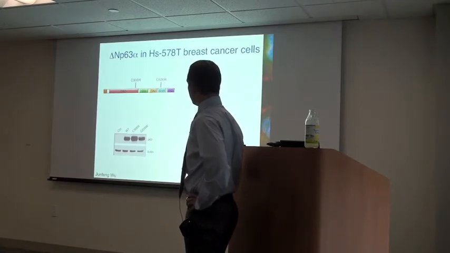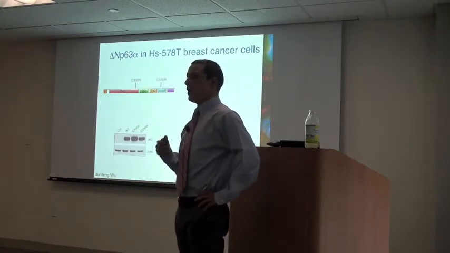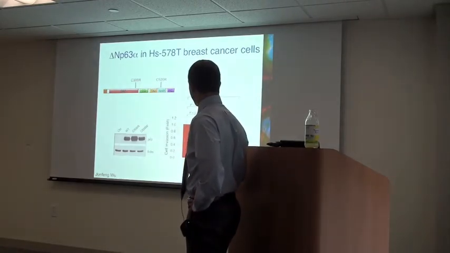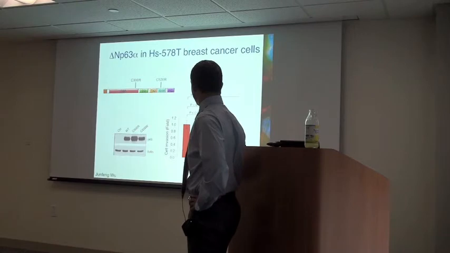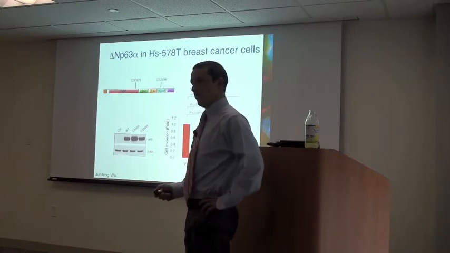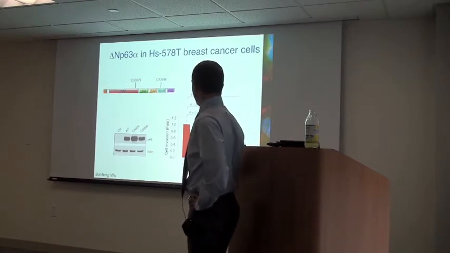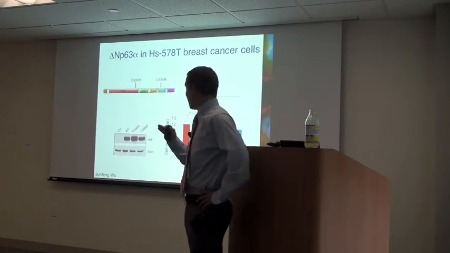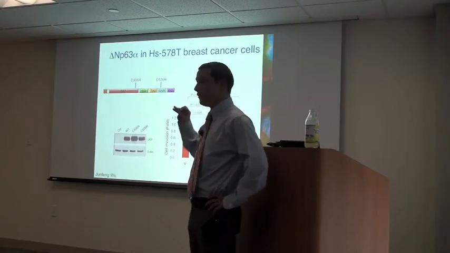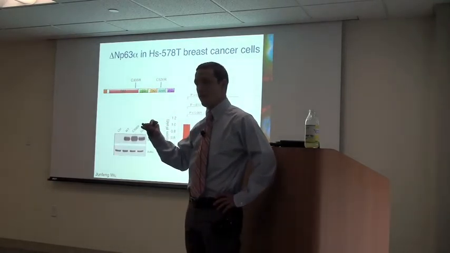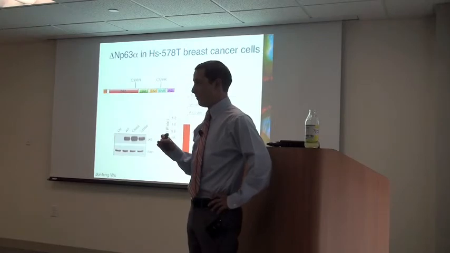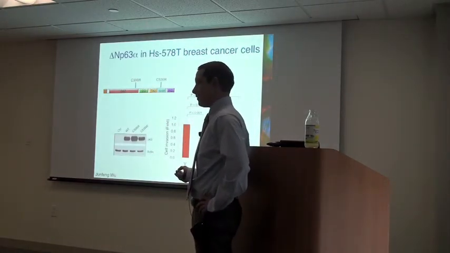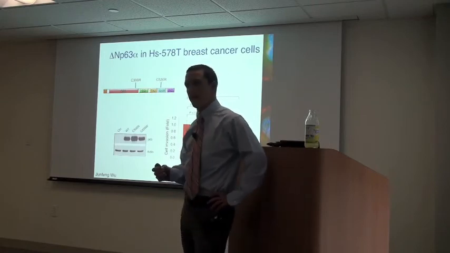And then he subjected these stable cells to cell invasion assays and found that only those cells that expressed wild-type p63 and not those cells that expressed mutant derivatives of p63 had reduced cell invasion. This was very exciting again because it supports the notion that ΔNp63α could be a metastasis inhibitor, and it points out the importance of direct DNA binding and of protein-protein interaction via the SAM domain.